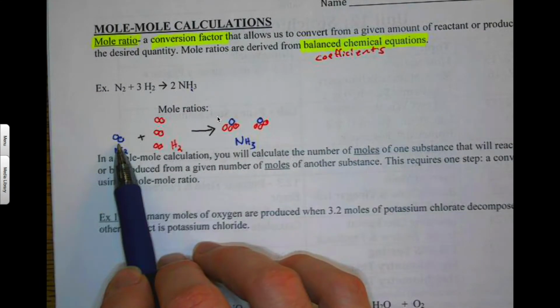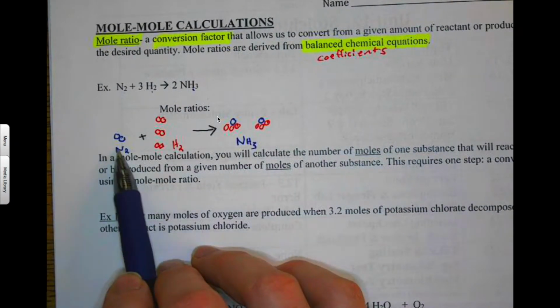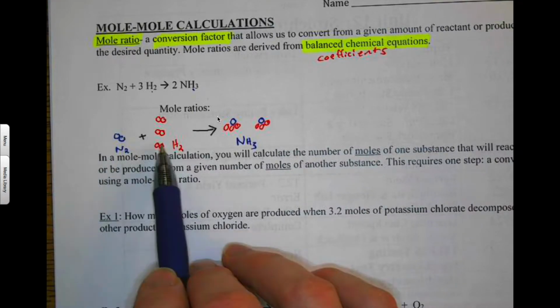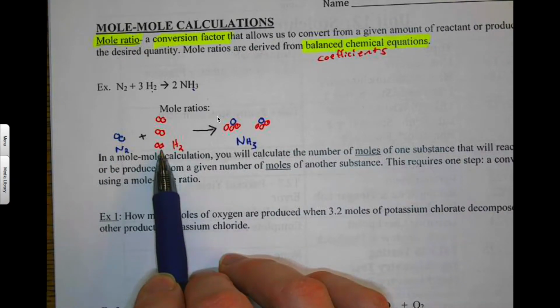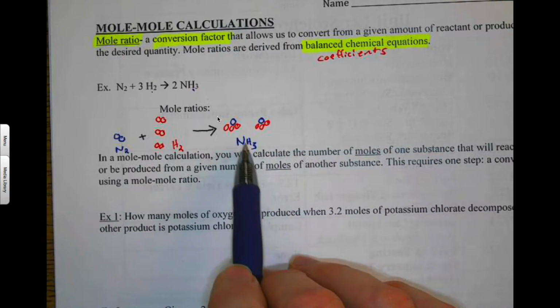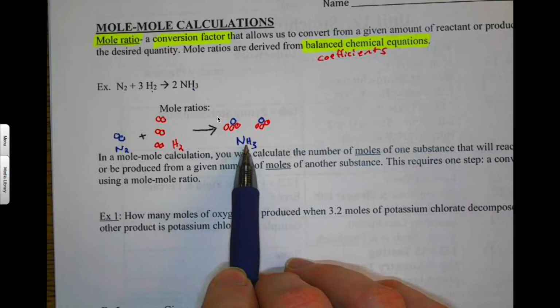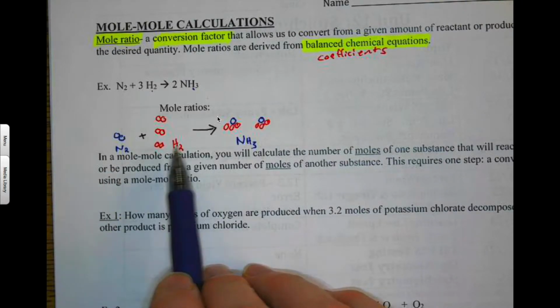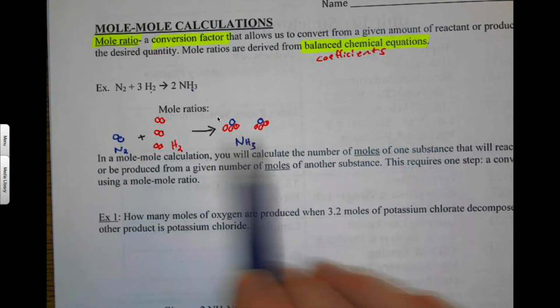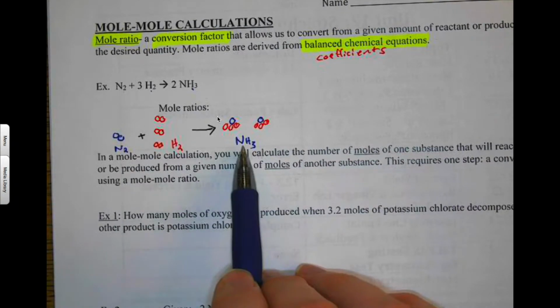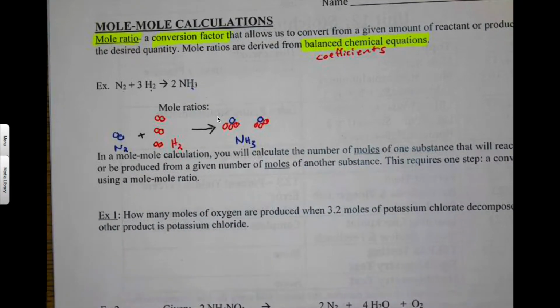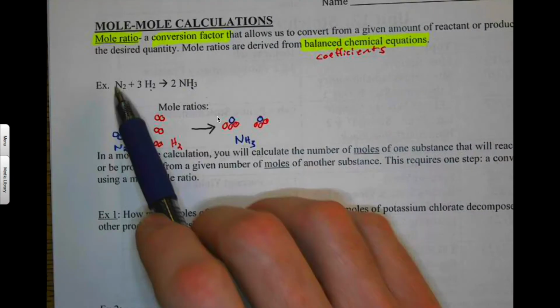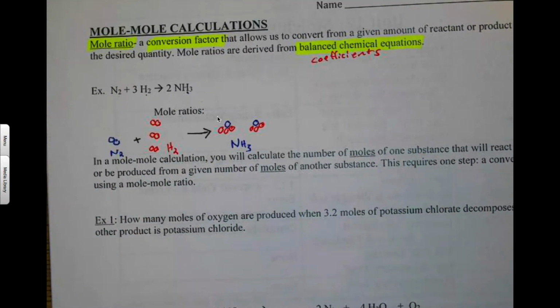Now, if we scaled it up, let's say if we had 2 molecules of nitrogen, we would need 6 molecules of hydrogen, and that would make 4 molecules of ammonia. If we had 1 mole of nitrogen, we need 3 moles of hydrogen, and we would produce 2 moles of ammonia. You see, you could scale it up. It's always in that same ratio, right? So that's what a mole ratio is.